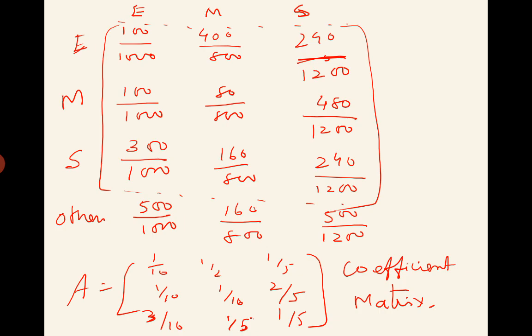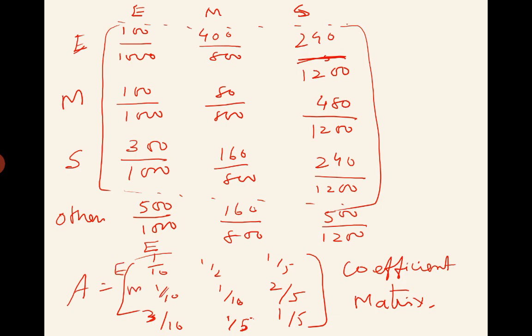From this, what we understand is that the first column gives an idea of what is needed to produce 1 unit of output of the energy sector. You remember the first column is for the energy sector. To produce 1 unit of output, the energy sector takes 1/10 of a unit from its own sector, 1/10 of a unit from the manufacturing sector, and 3/10 of a unit from the services sector.